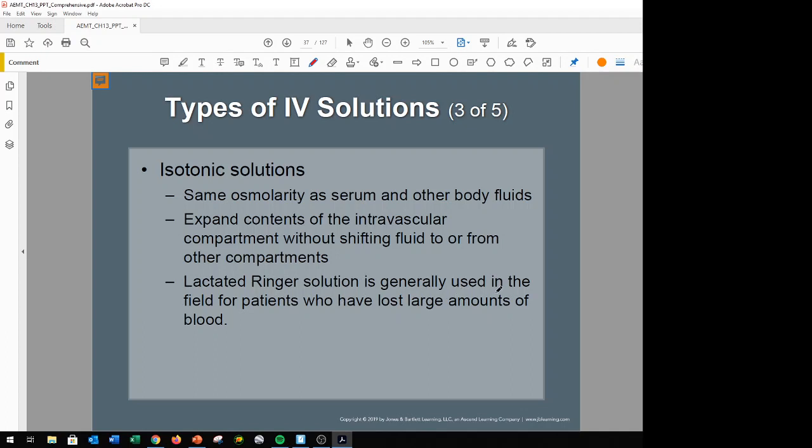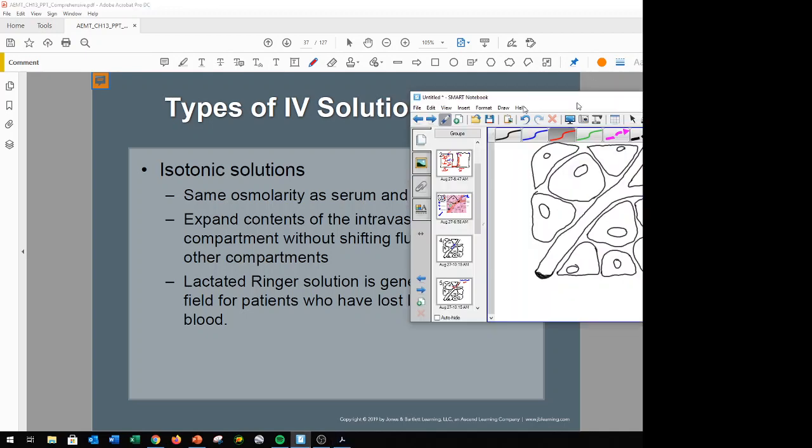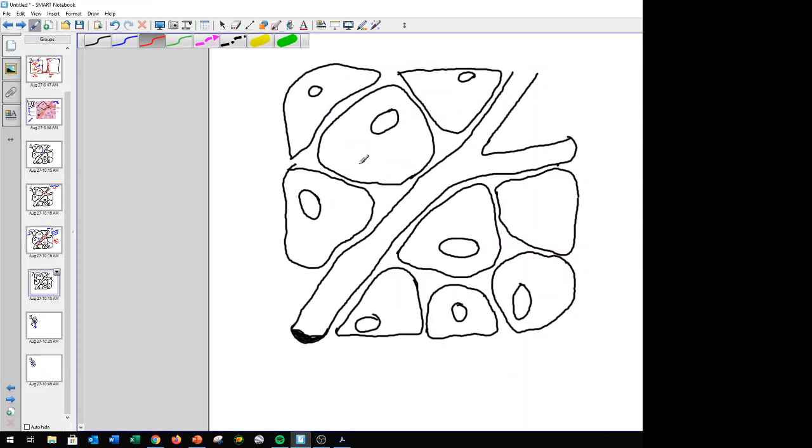Lactated Ringer solution is generally used in the field for patients who have lost large amounts of blood. So isotonic is what we use in the field. Basically, this stuff is going to stay in the vascular compartment.